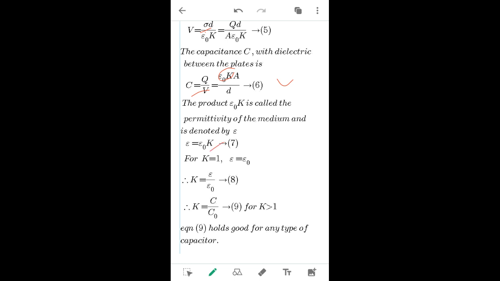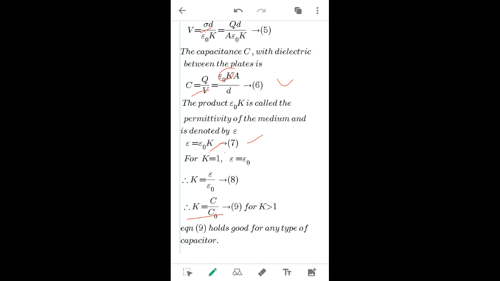Now if K is equal to 1, then epsilon will be equal to epsilon naught. And if we consider equation 7, then the K value will be epsilon by epsilon naught. Now considering equation 1 and equation 6, we have K equal to C by C naught.